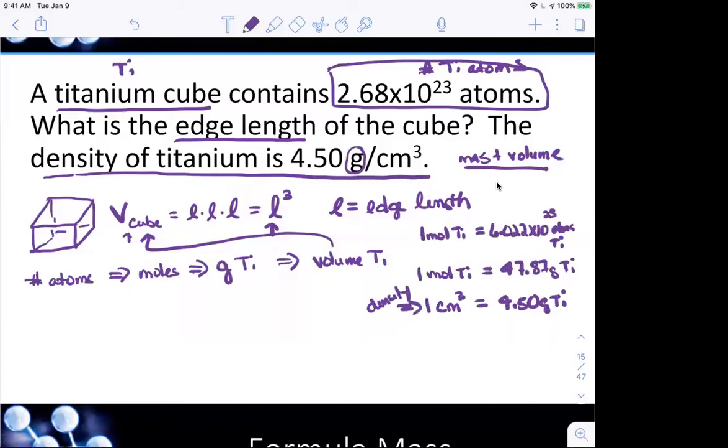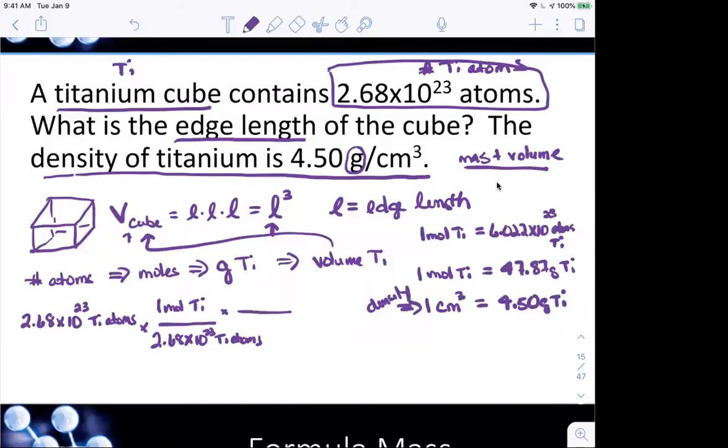So let's do this. I have 2.68 times 10 to the 23rd titanium atoms. I'm going to convert that to moles. For every 1 mole of titanium, I have 6.022 times 10 to the 23rd titanium atoms.